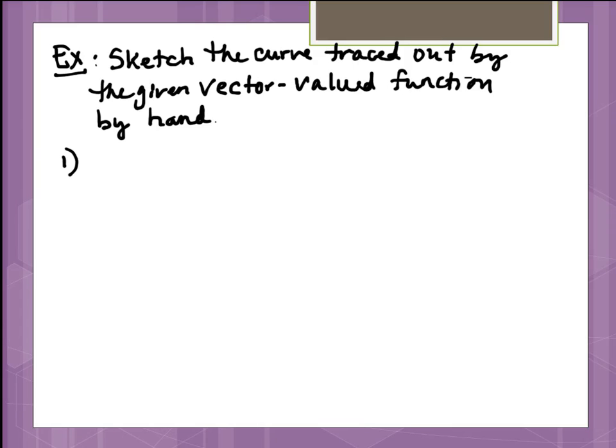All right, first example, r of t is t minus 1 and t squared. So if you're comparing this to what we did back in chapter 11, what you notice differently is what now? What's different between this and what we did before?